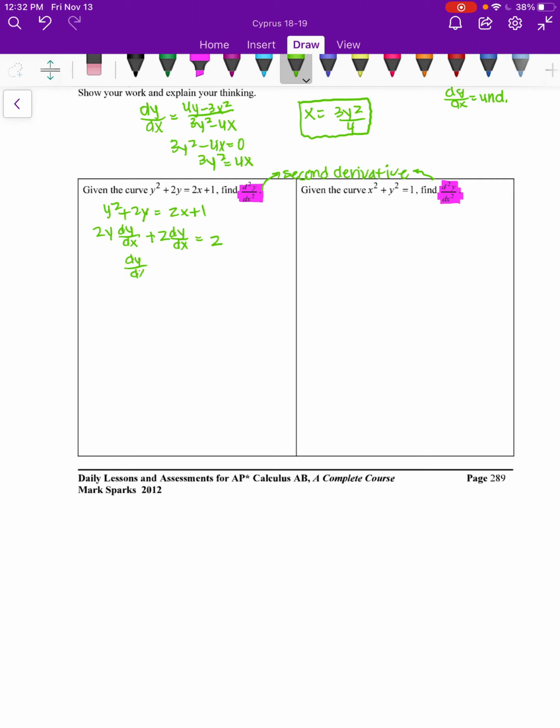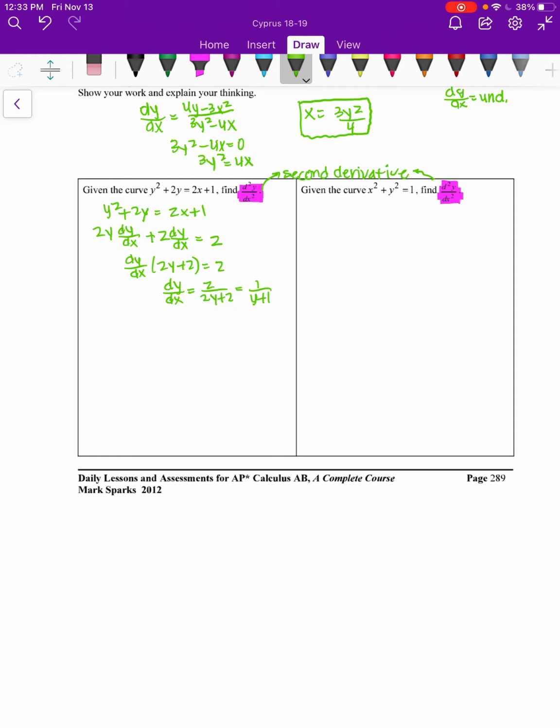Factor out that dy/dx, and we end up with dy/dx equals 2 over 2y plus 2, which we can simplify those 2's and end up with 1 over y plus 1.